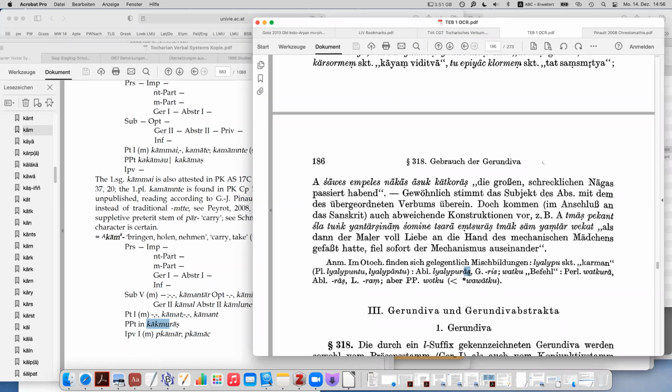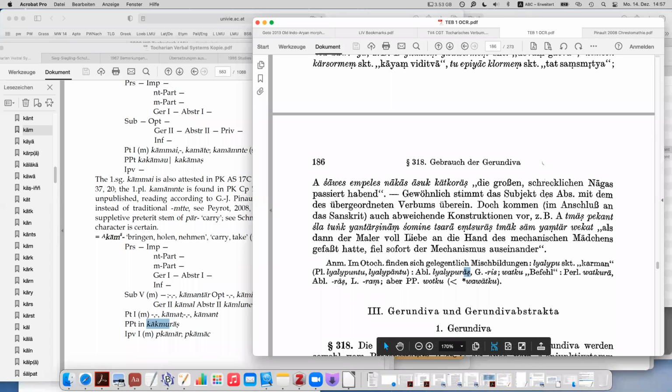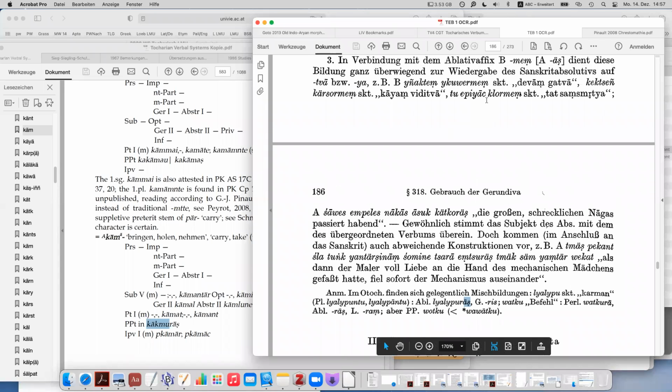This is the most productive one, but sometimes you can get an appellative, like word kura, and even a locative. So these are other possibilities, but most important is the ablative, men or okay, to build an absolutive.